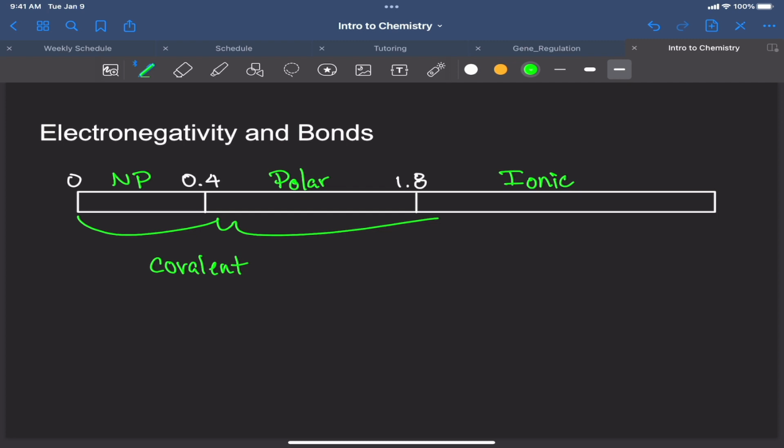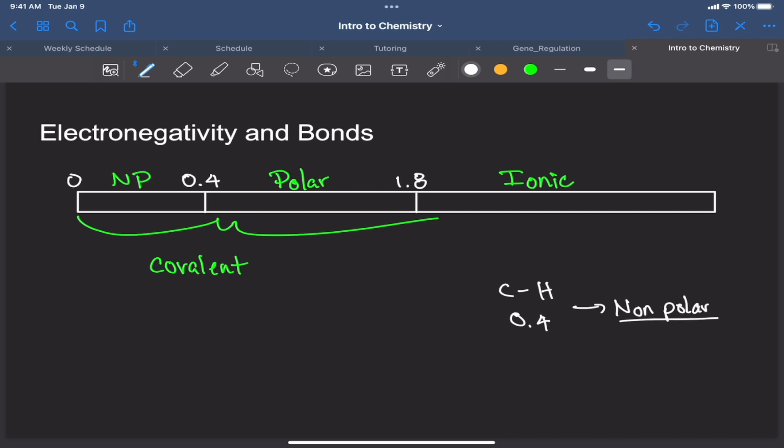So now there is some weirdness in biology. The carbon-hydrogen bond has a difference of 0.4, which is right on the cusp of nonpolar versus polar. But just memorize this in this class: the carbon-hydrogen bond is nonpolar. Okay?